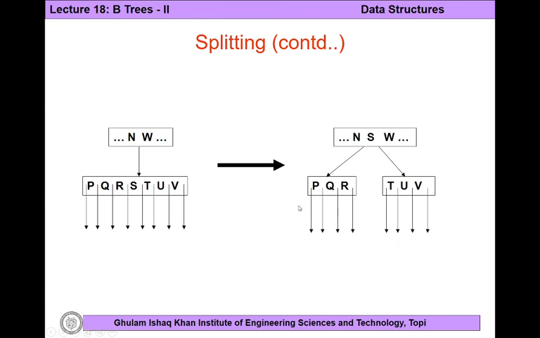Now it will always be an odd number of keys. When a B tree node becomes full, it will always have an odd number of keys, it will not be an even number of keys, because of the formula 2t minus 1. This 2t makes a number even, and when you minus 1 from this, it becomes odd.